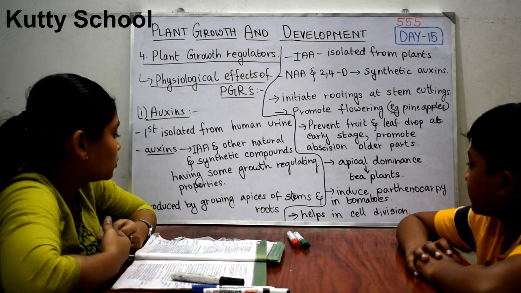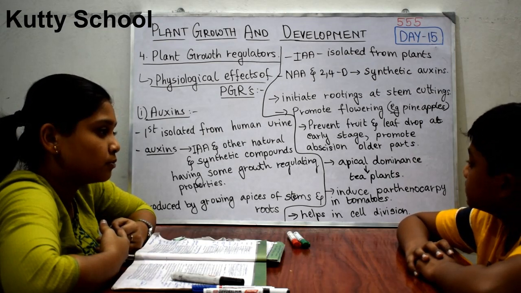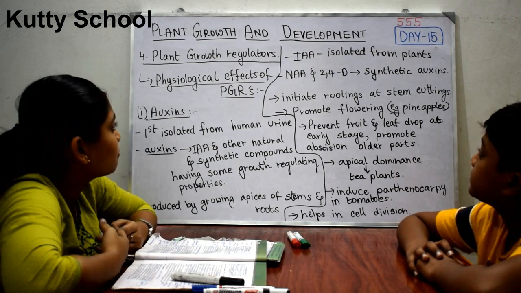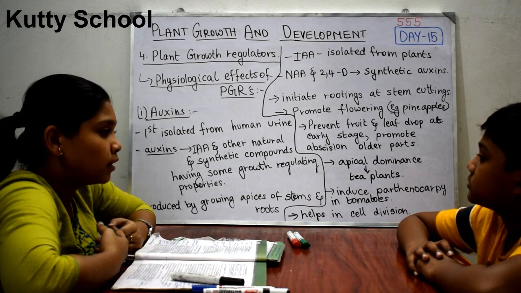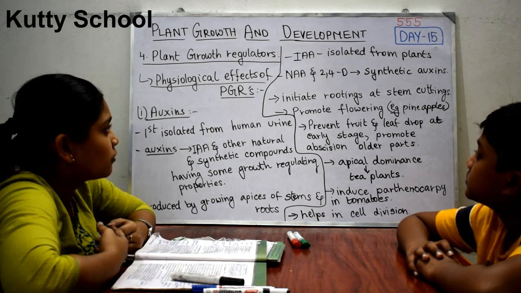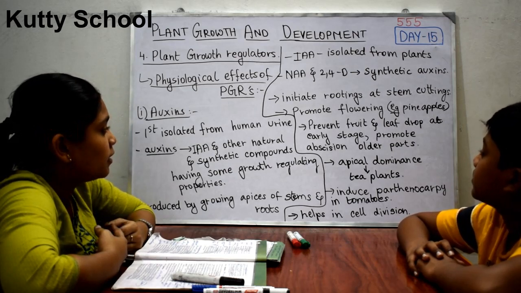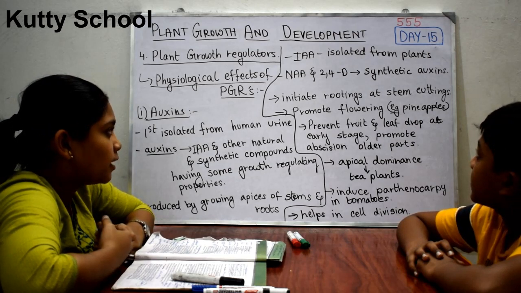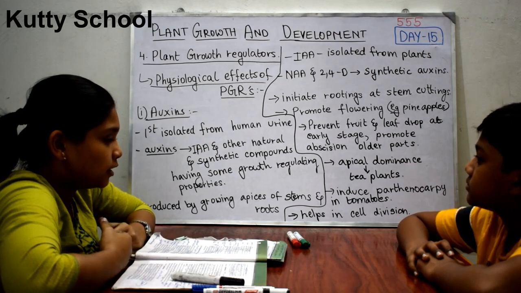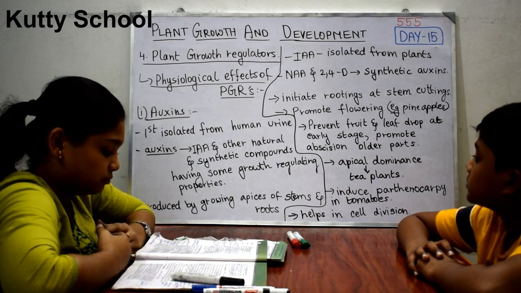These auxins are produced by growing apices of stems and roots, like coleoptiles of plants. Indole 3 acetic acid is isolated from plants, so it is a natural auxin. NAA, naphthalene acetic acid, and 2,4-D are synthetic auxins.